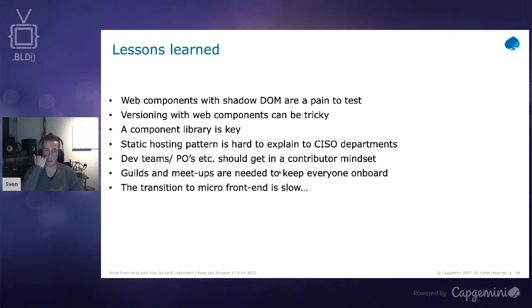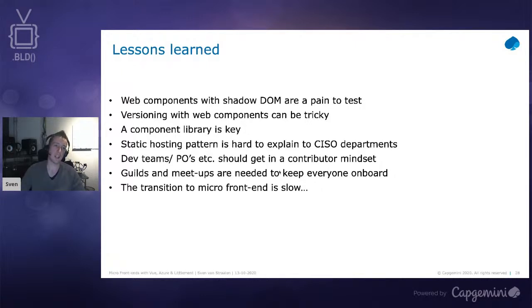Versioning in web components can be tricky. Basically, if multiple people are using different versions of these web components on the same page and they register them, then the web component itself will start to fail. A nice solution for this one is to... I will get back to that one. I know it, but I forgot it now. A component library is quite important.